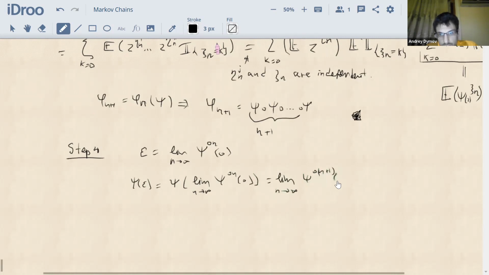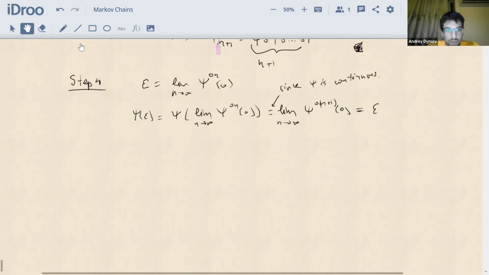This is actually the standard trick, so I suggest you take it into account. But what is this? This is of course the same thing as here. So this is epsilon, since psi is continuous. Very nice.